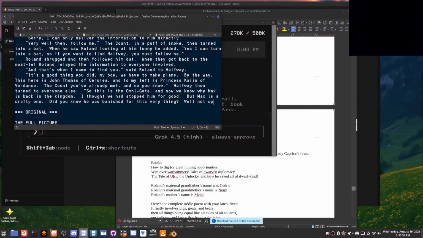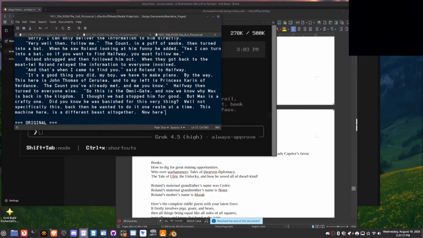Well, not specifically this. Back then, he wanted to do it when this machine here is a different beast altogether.